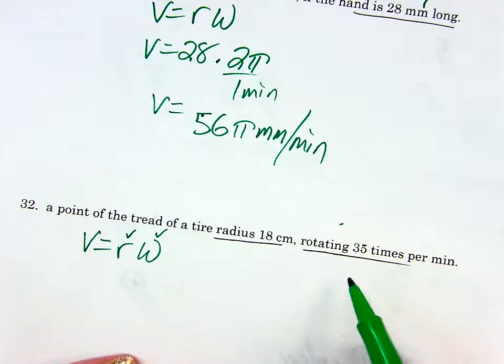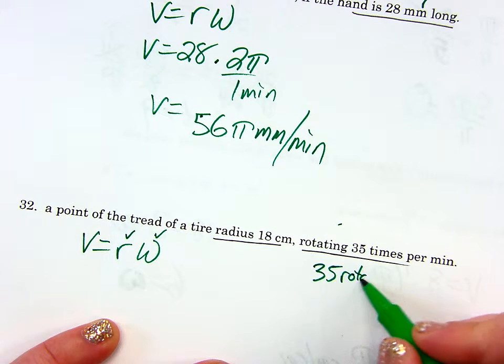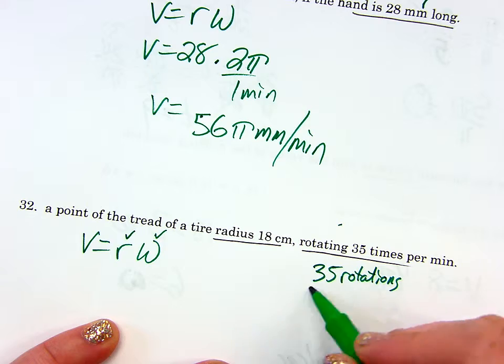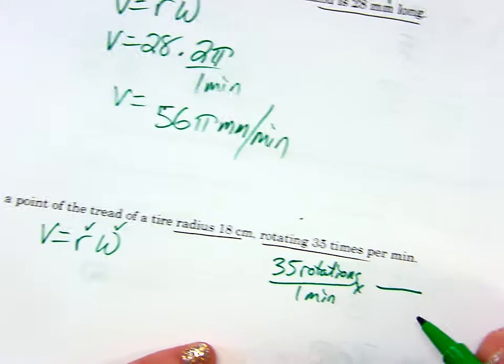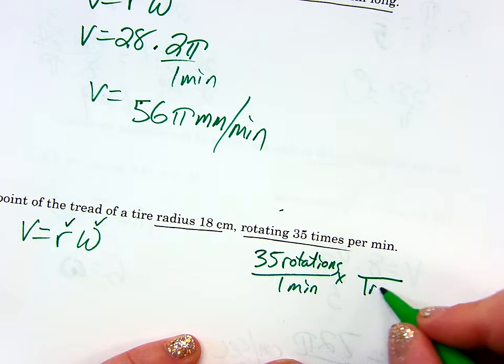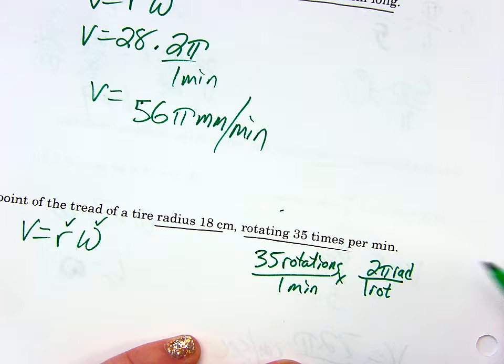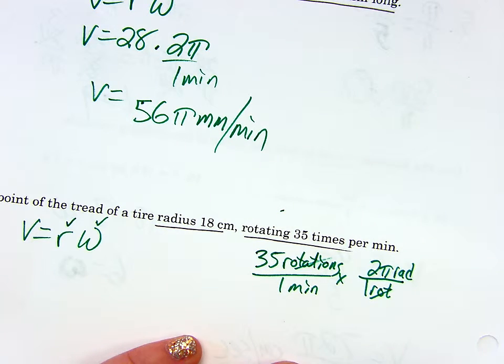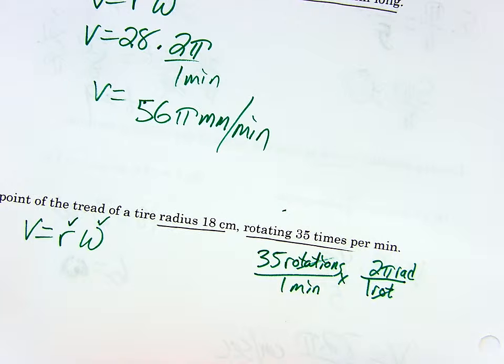If it's rotating 35 times per minute, so 35 rotations in 1 minute, I can turn that into radians. 1 rotation is 2 pi radians. So it would simply be 70 pi radians per minute. Do we all agree?